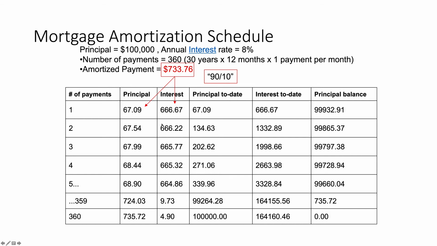You only pay 9.73 in interest, and the majority goes to your principal payment. So the 90-10 rule basically says that in the first half of your payments, 90% goes to interest, only 10% goes to your principal. Second half, the opposite is true: approximately 10% goes to interest, 90% goes to your principal.